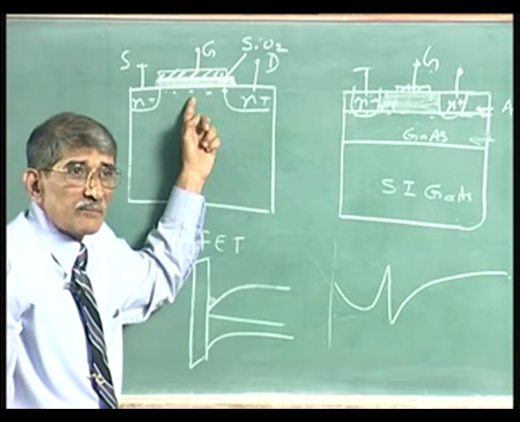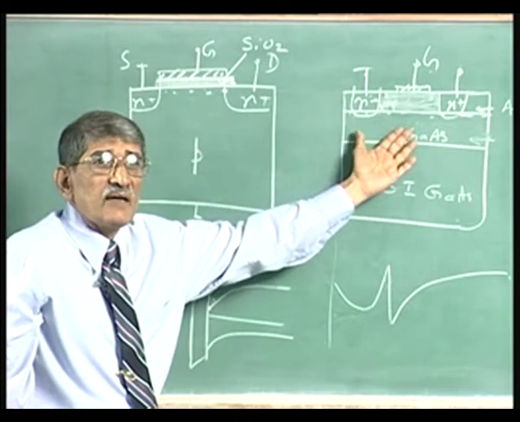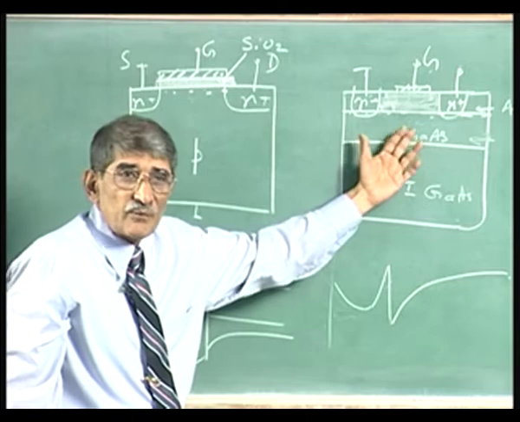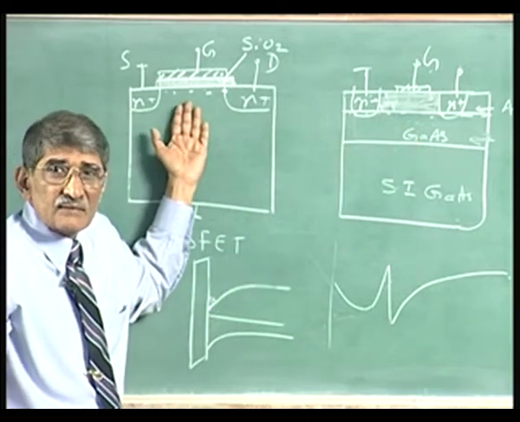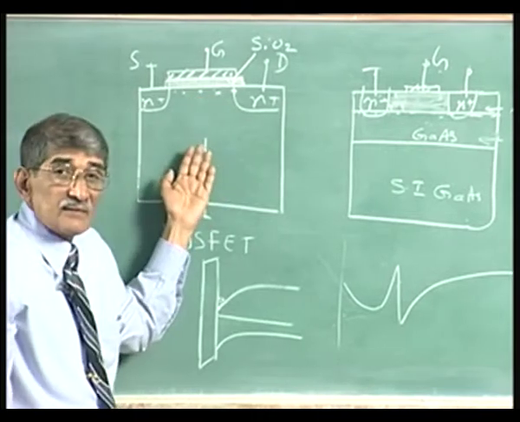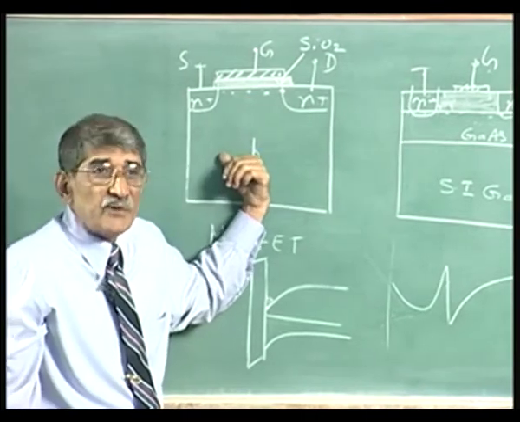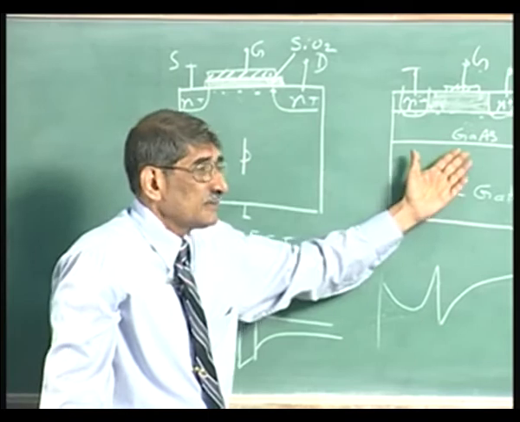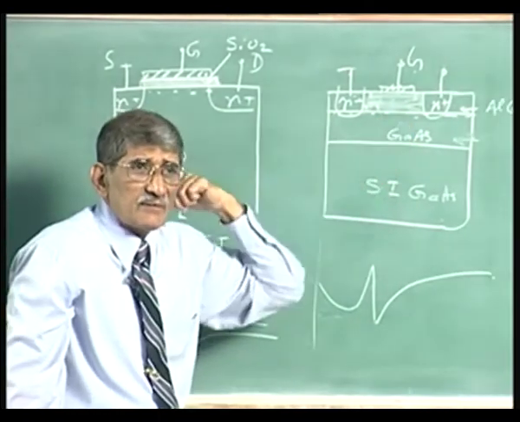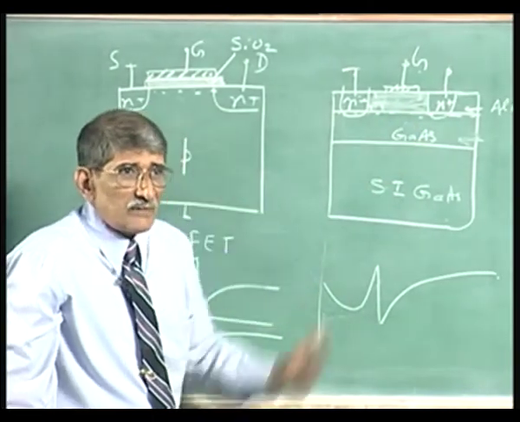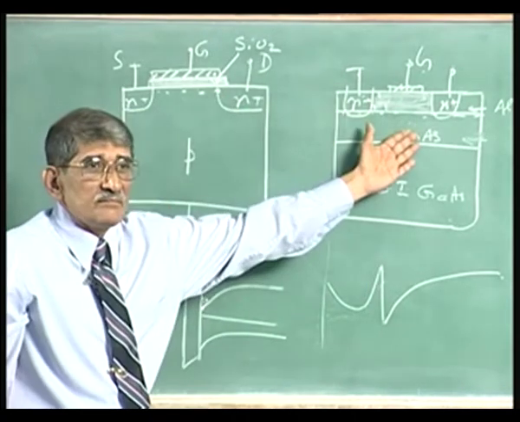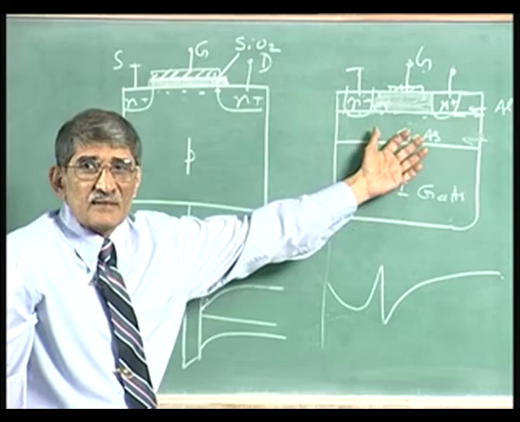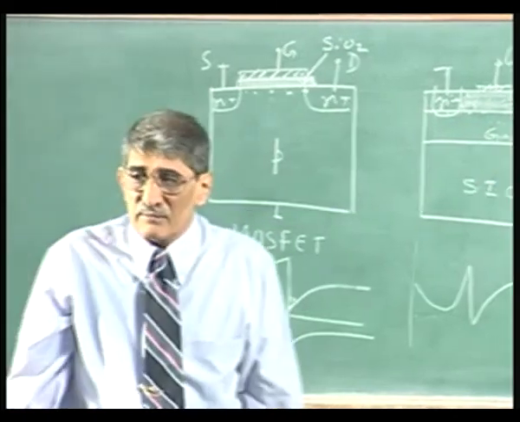If you go down to lower temperatures, this can be as high as 10 to the power of 5 or more centimeter square per volt second, whereas this will be suffering from lattice scattering as well as impurity scattering. Impurity scattering is absent here. That is the benefit of this device. So, in one shot you can write down the equation of the MOSFET and adapt it to this particular condition, and that is the equation that you see here.